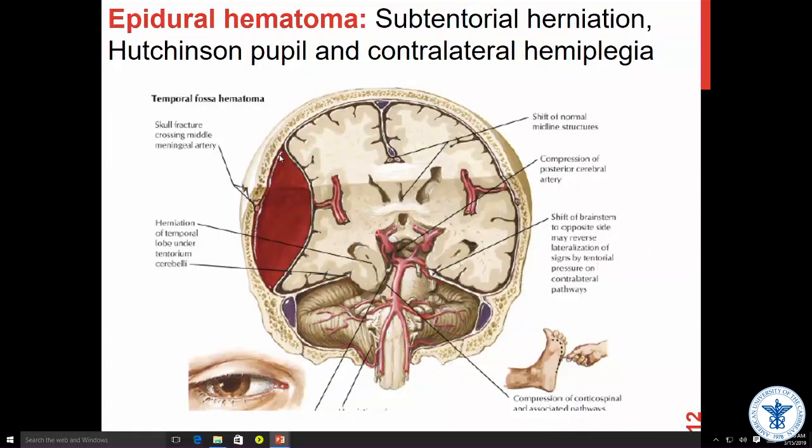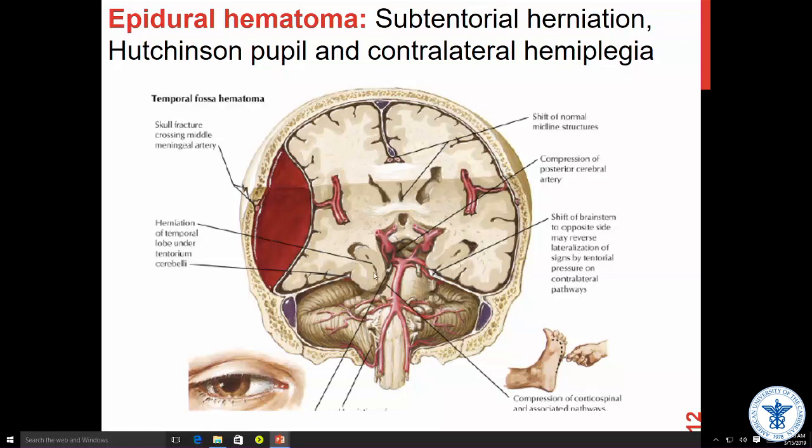Here is the hematoma. This is the dura mater. The dura mater is attached to the bone here, but because of the pressure, the blood has pushed the dura mater away. That's why it's epidural, outside of the dura mater. This is one convex surface, this is the other convex surface. Now what has happened? The uncus has herniated.